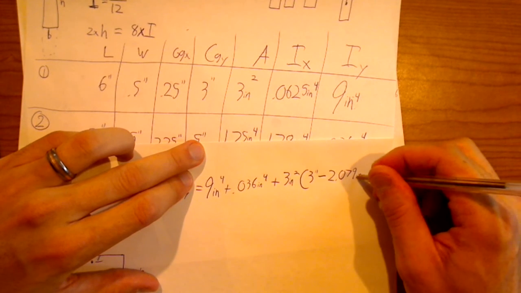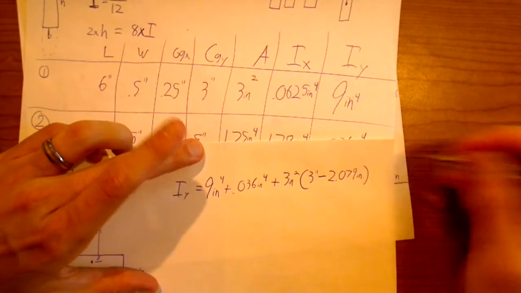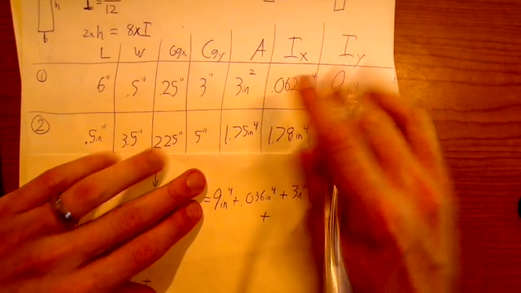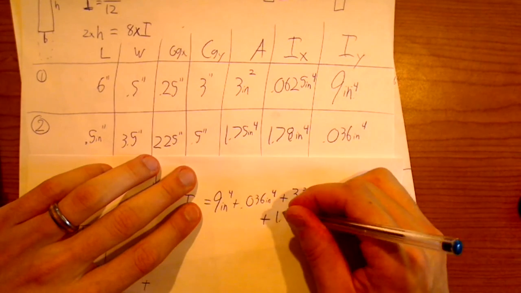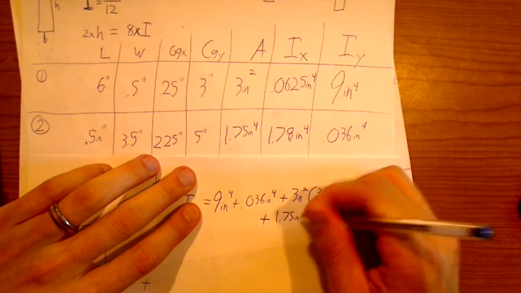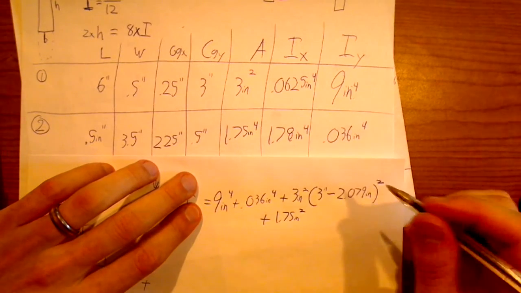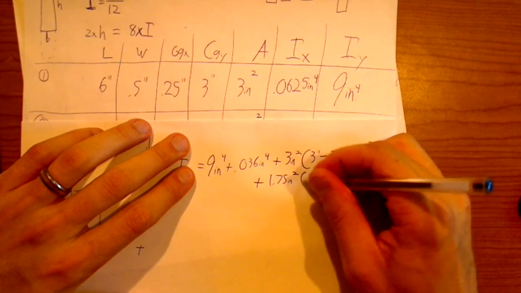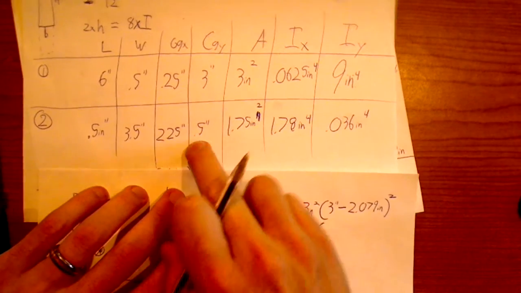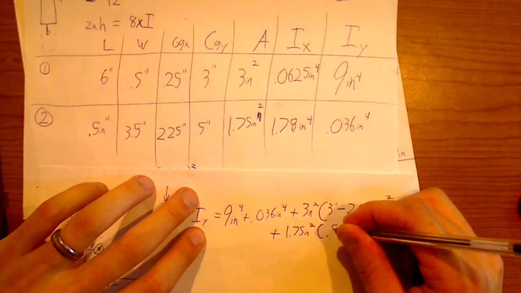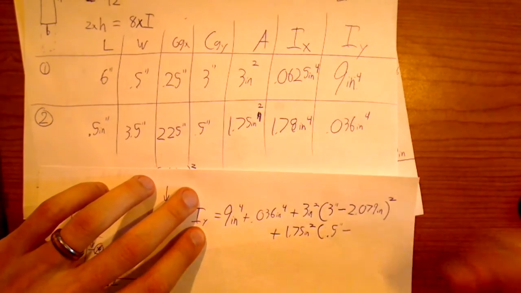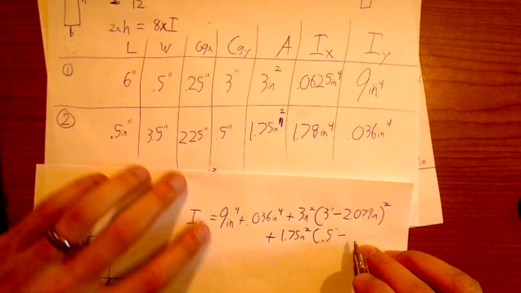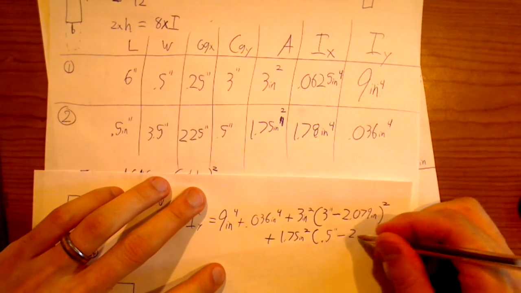I should be using the same notation constantly, but I'm not. All that squared, plus the last term, which is area, 7.5 inches squared. Oh, it should be squared, sorry. Times CGY, 0.5. Minus, where did it go? Yeah, the same thing here.